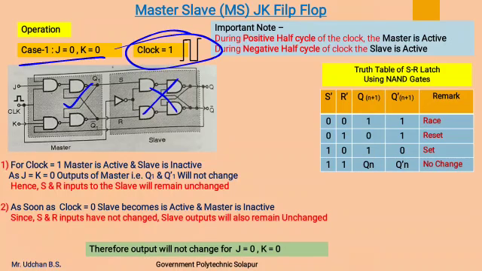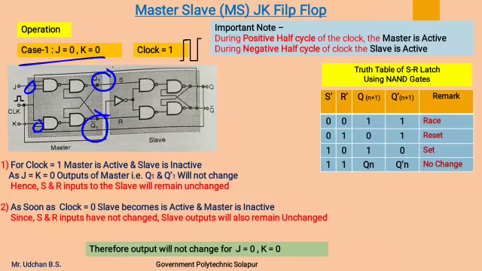As J and K both are 0, the outputs of the master, that is the outputs of the JK flip-flop, Q1 and Q1 complement, will not change, which we have already studied in the JK flip-flop. For J equal to K equal to 0, the output of the JK flip-flop will not change.